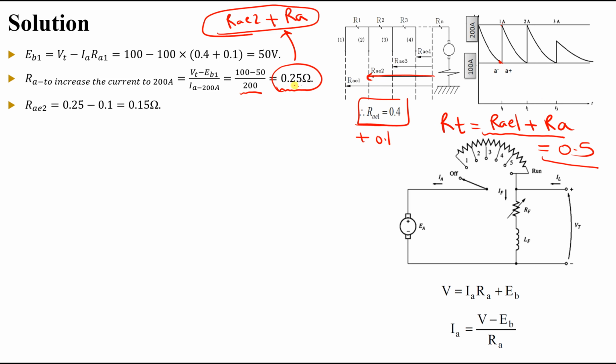So the new resistance at this position will be this resistance plus armature resistance. So I would like to know this part only, which is 0.15 ohms after subtracting our armature.